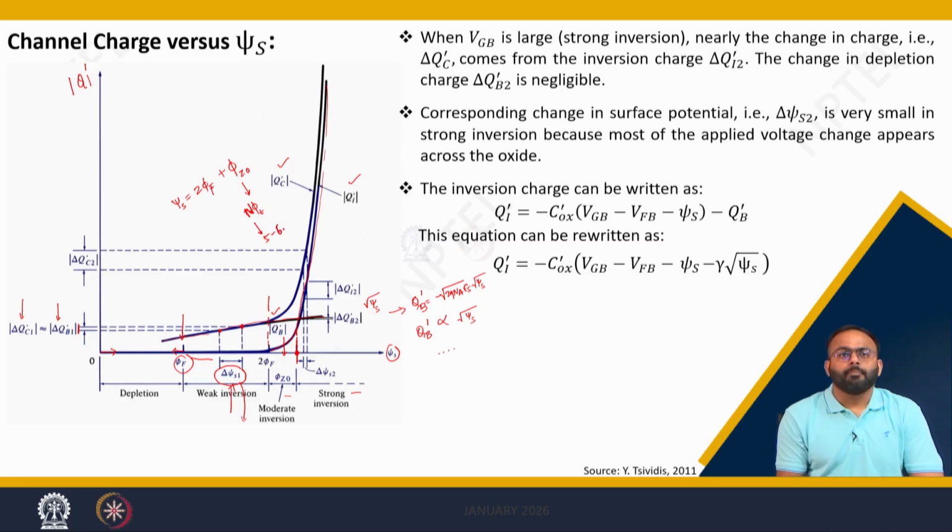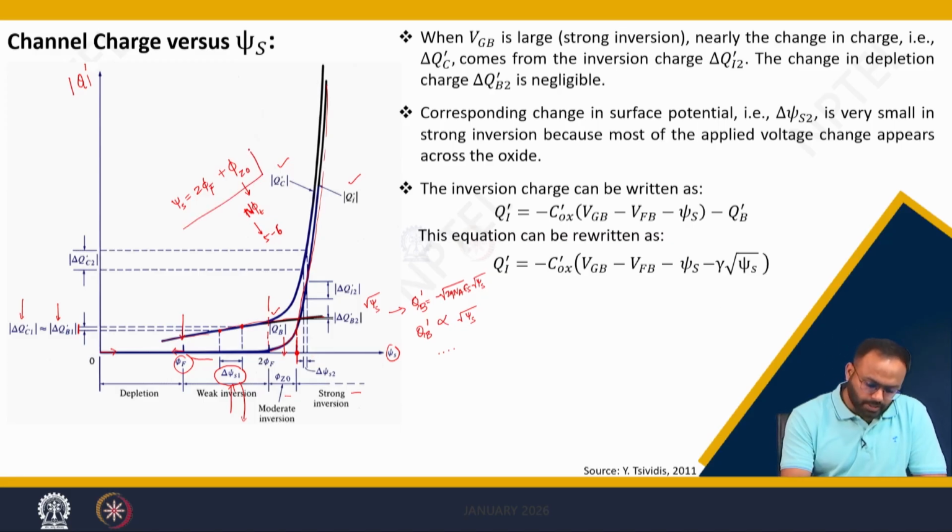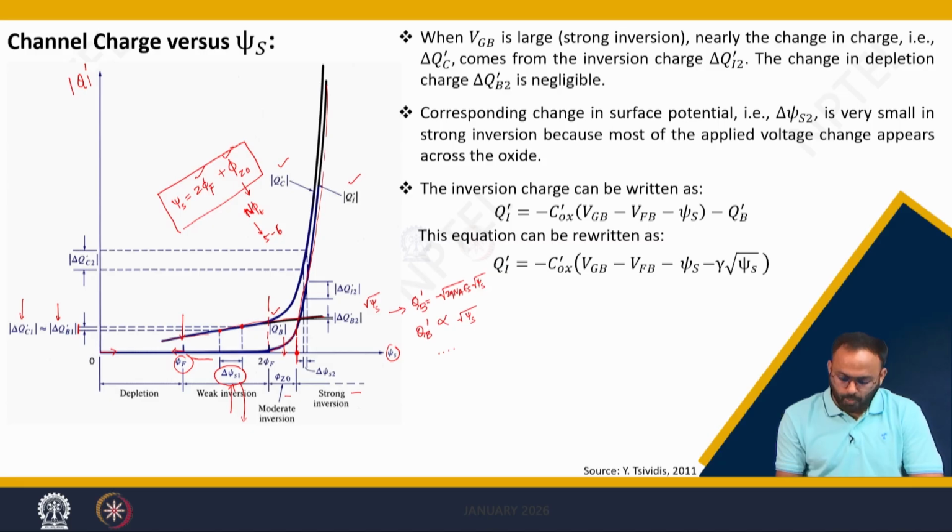It depends upon the substrate doping and the oxide thickness. It means what amount of voltage you require to cause strong inversion depends upon the body or substrate properties. So in general, we consider the onset of strong inversion as 2φF plus phi z0. Now what will happen?